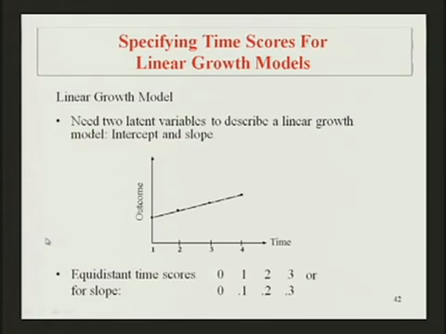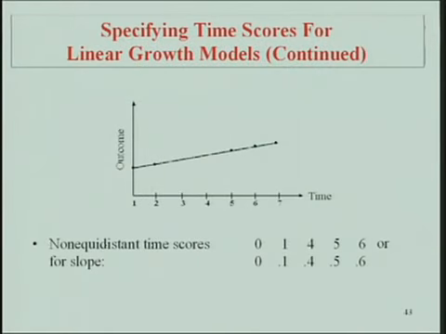And an example of non-equidistant time scores is, in this case, you measure at grade 7, 8, and then 9 and 10, you don't measure the people. You pick them up in 11 and 12 and post high school. So in this case, you have a distance of 1 between grade 7 and 8.